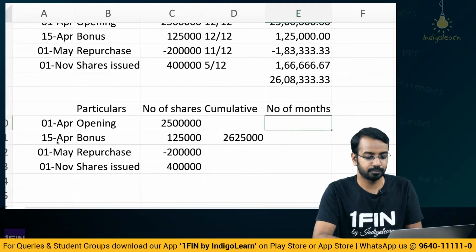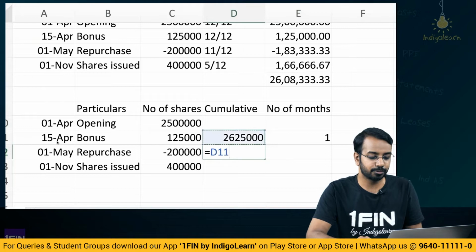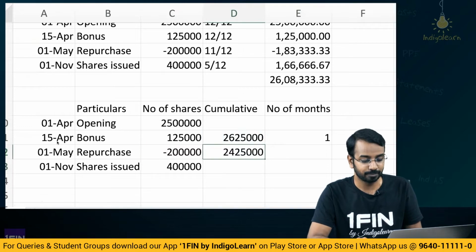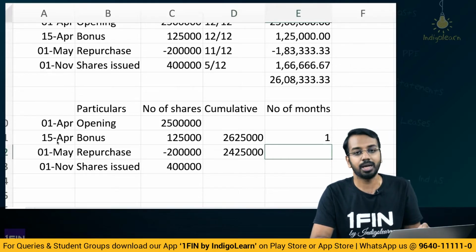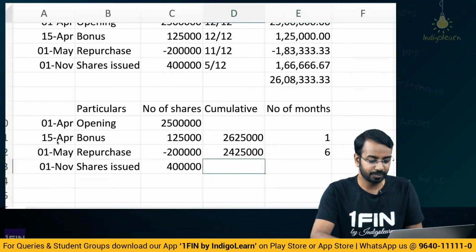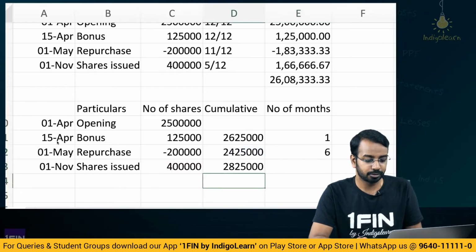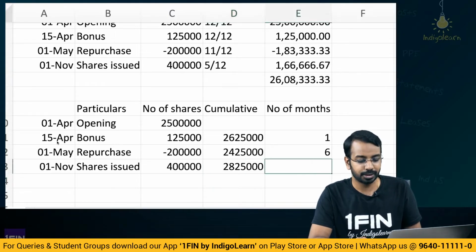Number of months before the next change is 1. Then on 1st of May there is a repurchase, which means 2625 minus 2 lakhs. So, you have 24,25,000. Number of months this is outstanding, or the change is effective, is from May, June, July, August, September, October. So, 6 months. Then lastly, 2425 plus 4 lakhs, 2825, and November, December, January, February, March, 5 months.